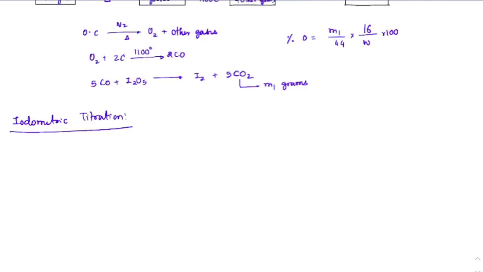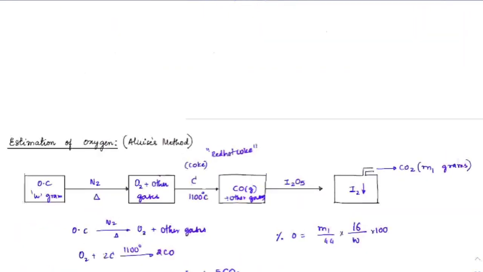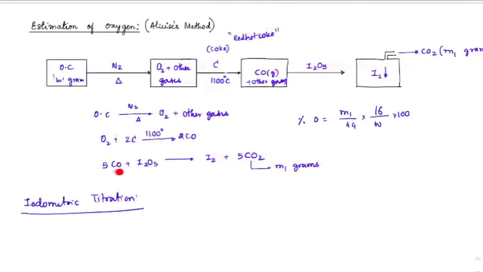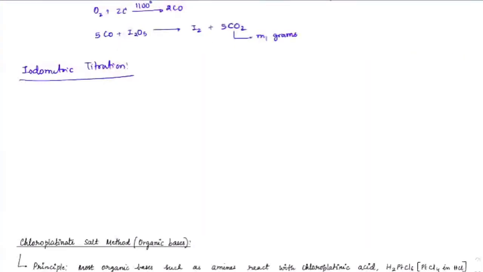How can we see that? See this carefully now. When CO is forming, for every 5 moles, 1 mole of I2O5 is used, which gives 1 mole of I2. No? So if I can relate I2 and CO, that will also give me the right estimation of oxygen. Whatever I2 has come, first I will add starch to that. Then it will turn blue.